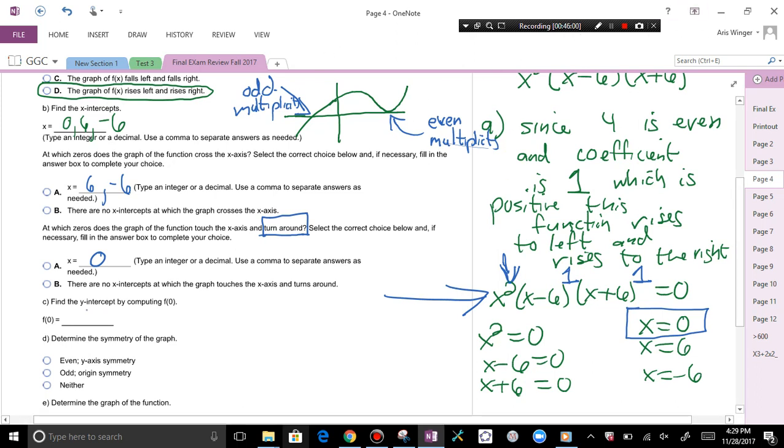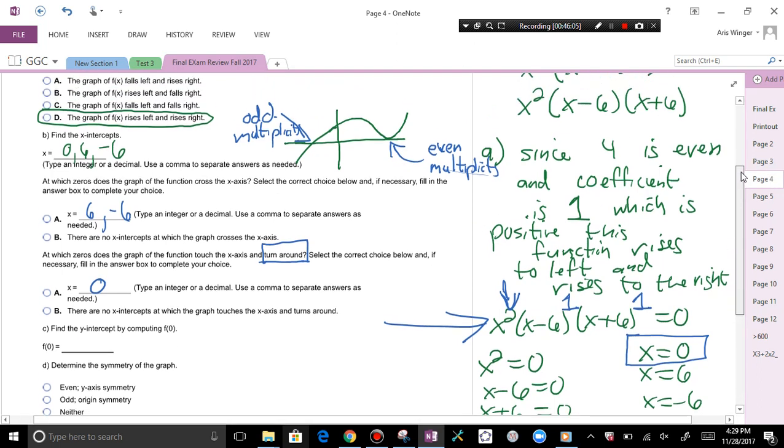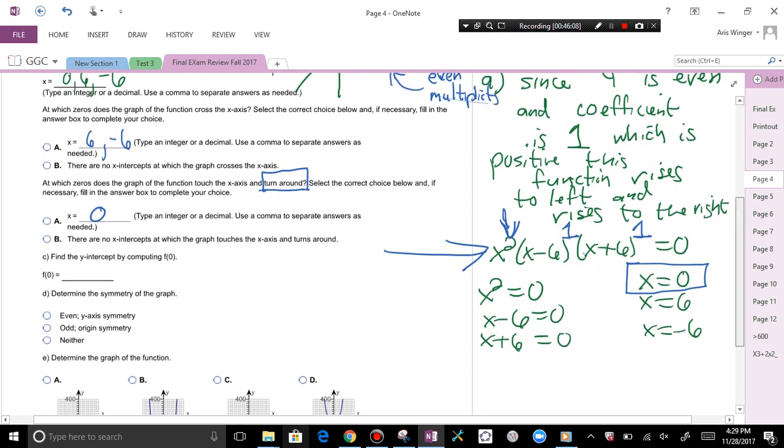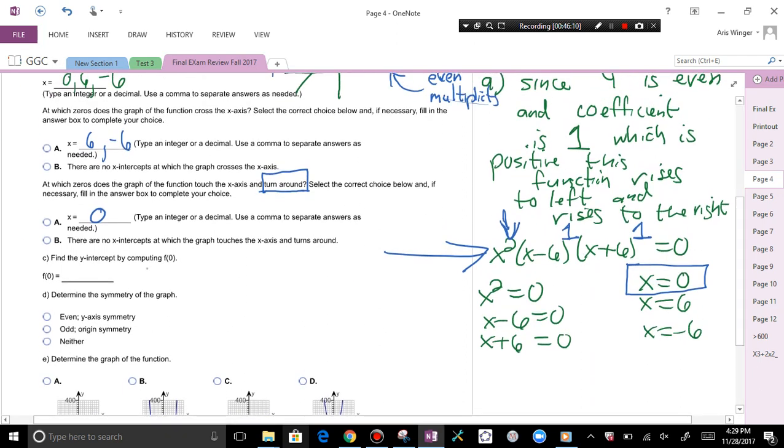F of 0, you plug in 0 for the function. The function is x to the 4th minus 36x squared. 0 to the 4th minus 36 times 0 squared is a big fat 0. It's even since all the powers are even. If all the powers were odd, it would be odd.